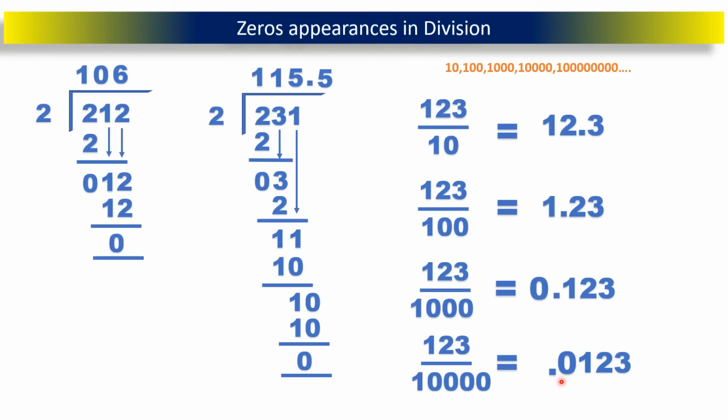This is a decimal point. As I said, we should not leave this point alone in the front, so we have to enter the 0. So now the sum is complete, right? Now you have got the shortcut of how to divide a number by powers of 10. Great, I hope you have got it.